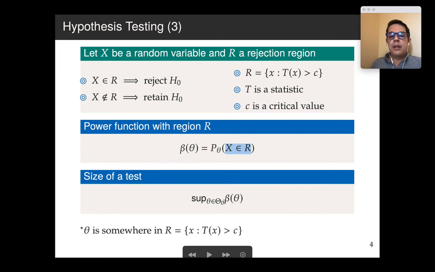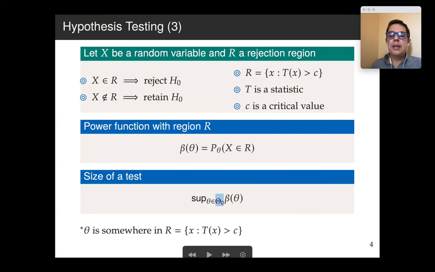What we are looking at, just pay attention here, is that we are going through all the possible values of the theta parameter, highlighting that theta belongs to theta 0.